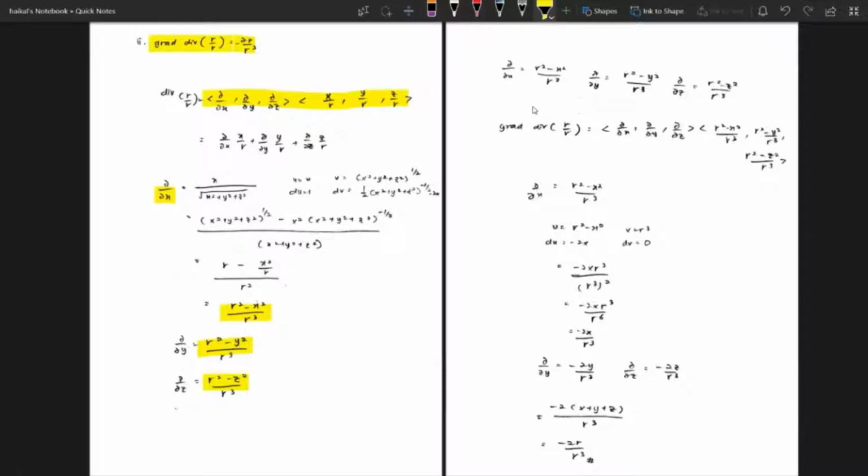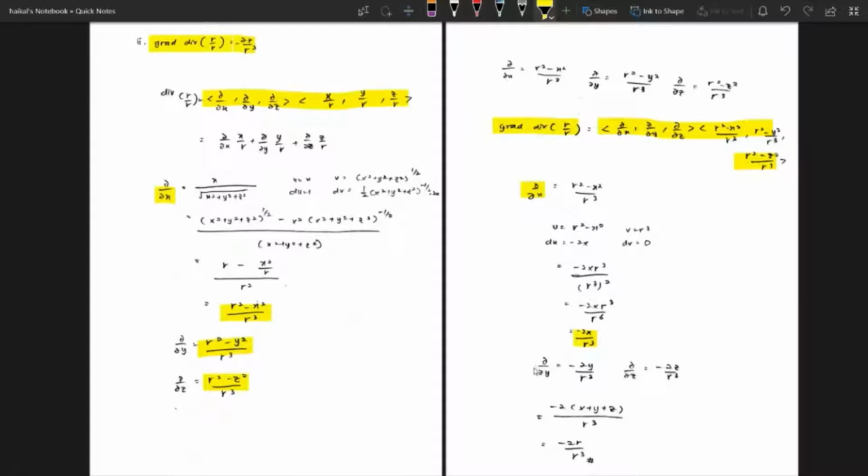So we find gradient divergence r over r. So we use dot product again, and then differentiate again, and then for partial over partial x, we get negative 2x over r cube.